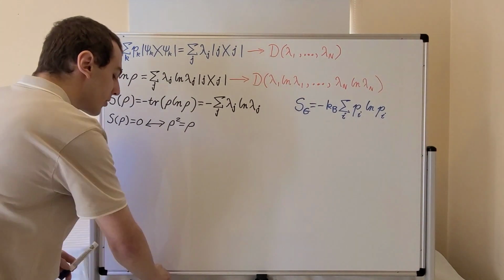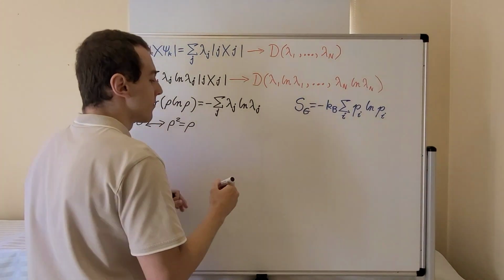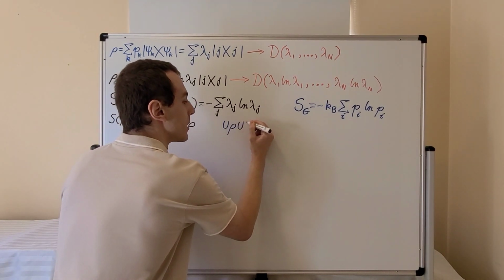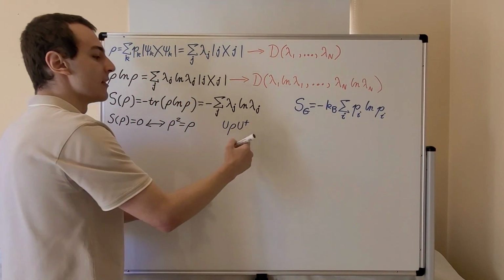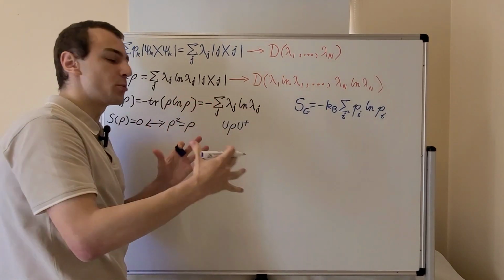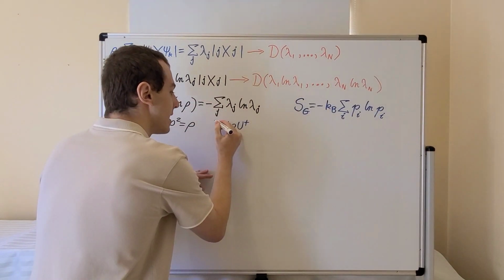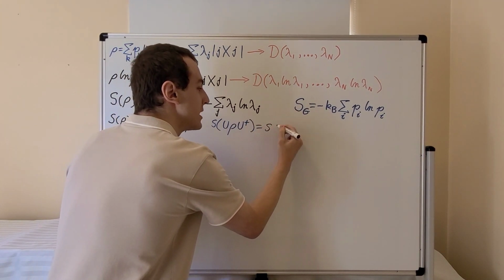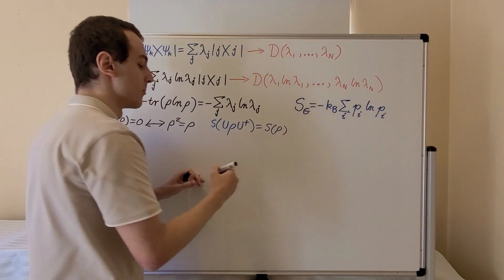So the entropy is equal to 0 for a pure state. Now let's have a look at another interesting property. If we sandwich rho between some unitary operator, u and u dagger, this is the same as transforming it into a different basis. And then we take the entropy of this combination. It doesn't actually change the entropy of rho.